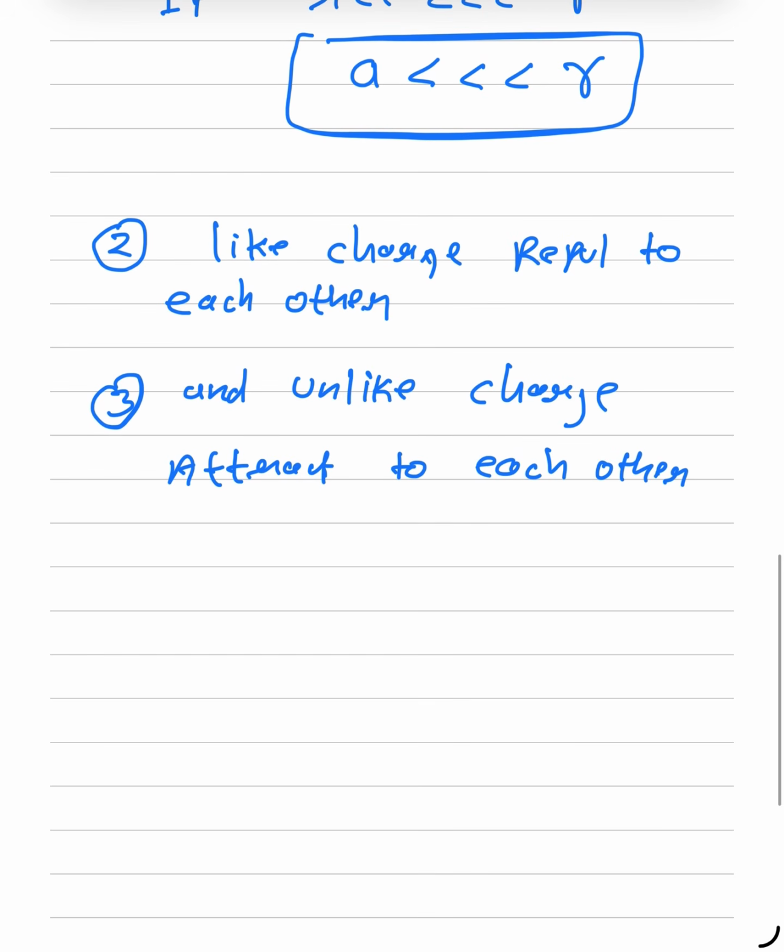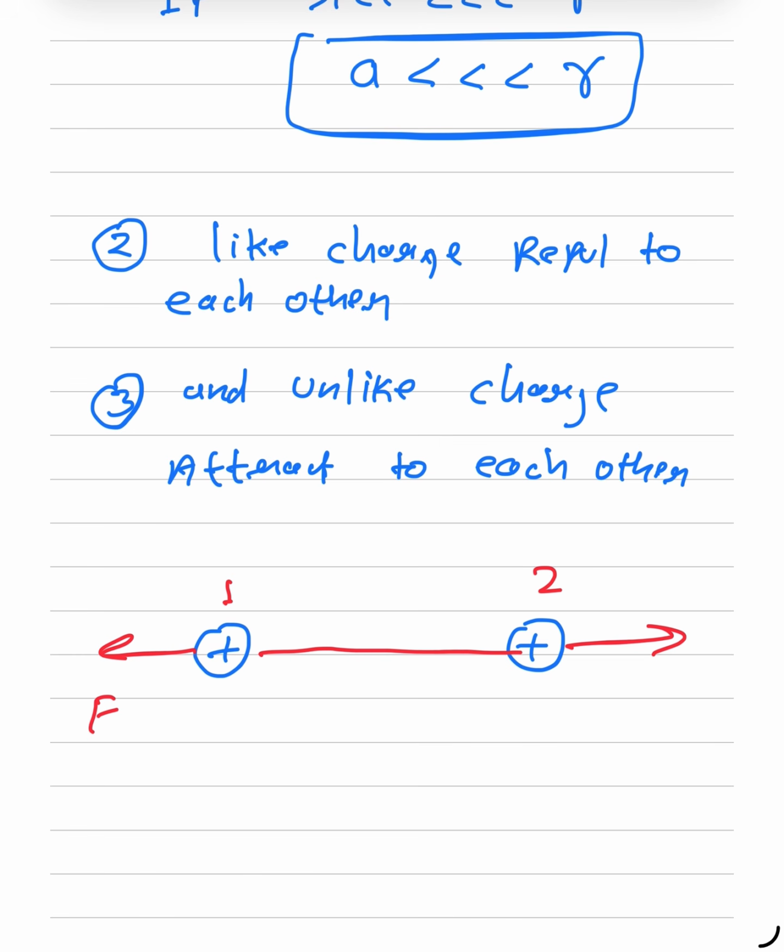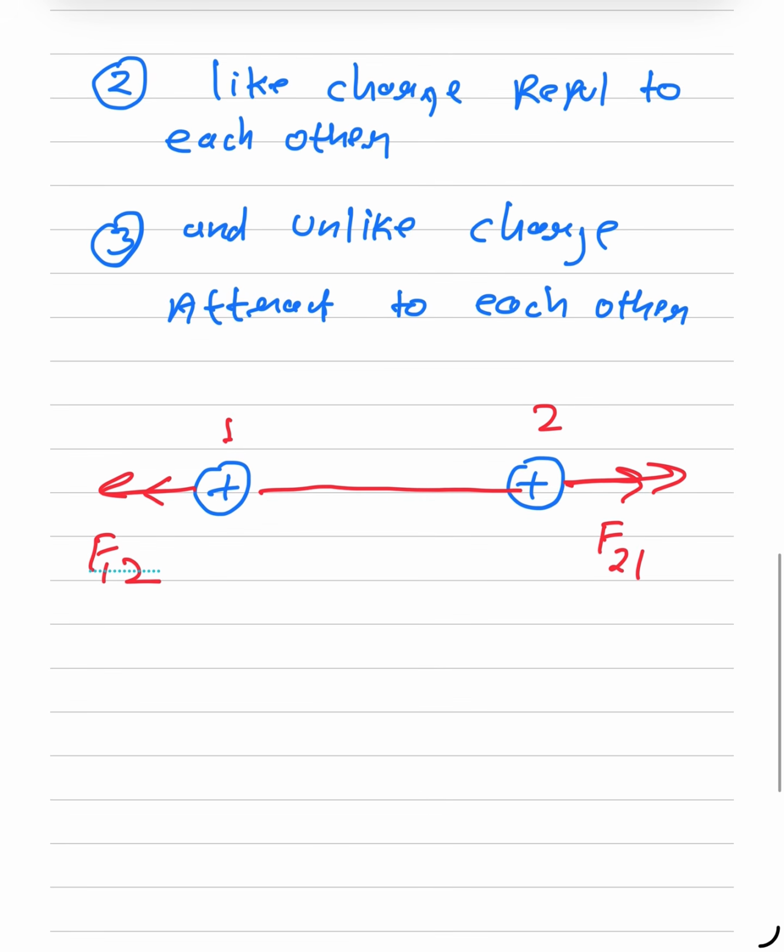Like this, for example, this is a positively charged and this is a positively charged, first and second, and in this situation both charges repel each other. Coulomb force on first due to second is along this direction, and Coulomb force on second due to first is along this direction. This is a repulsive Coulomb force.